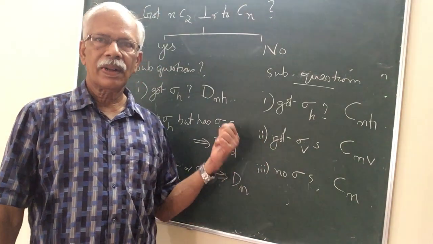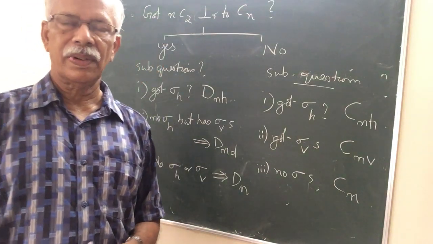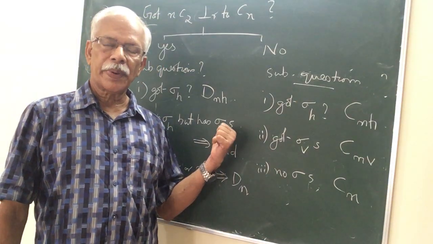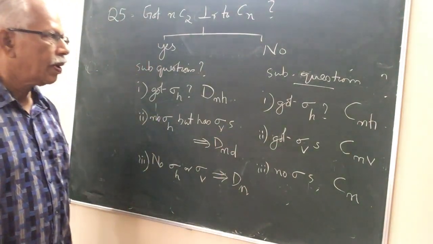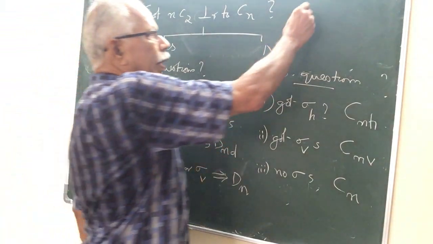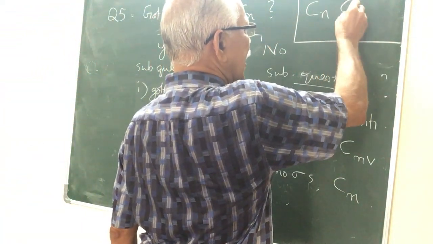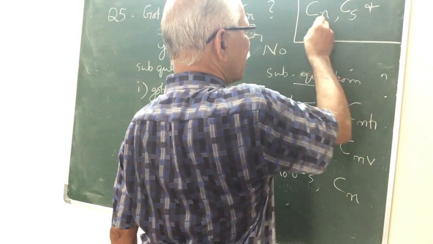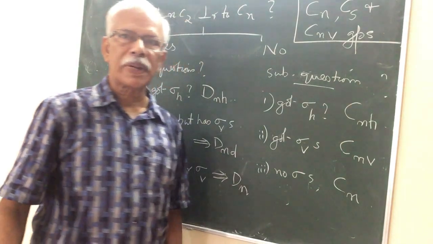A second relation between molecular property and the symmetry is pertaining to presence of permanent dipole moment. Mark it. Only molecules which belong to Cn, Cs and Cnv groups can have permanent dipole moment.